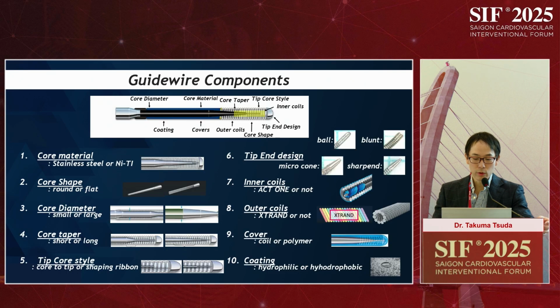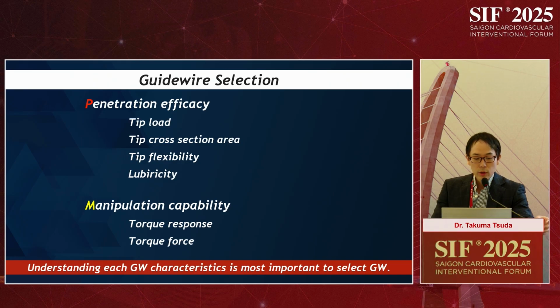Also, in the core, whether it is a single core or not, and the outer core, external or not. So understanding each guide wire's characteristics is important to select the guide wire itself.